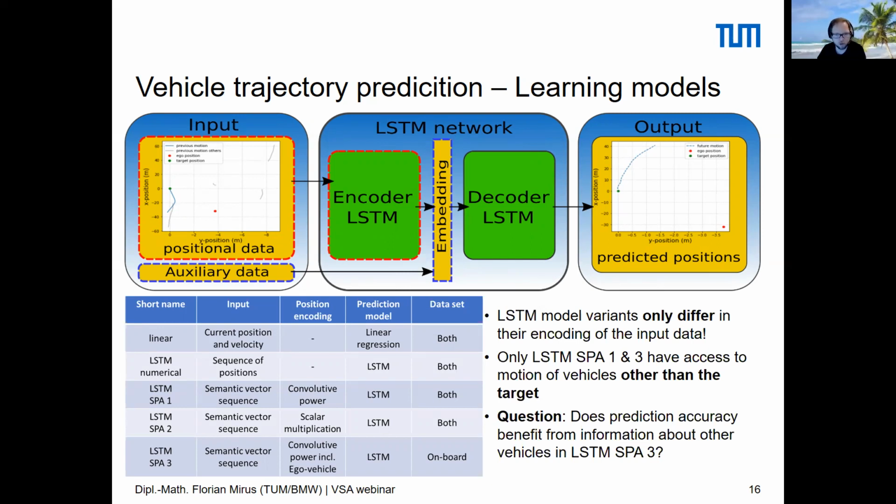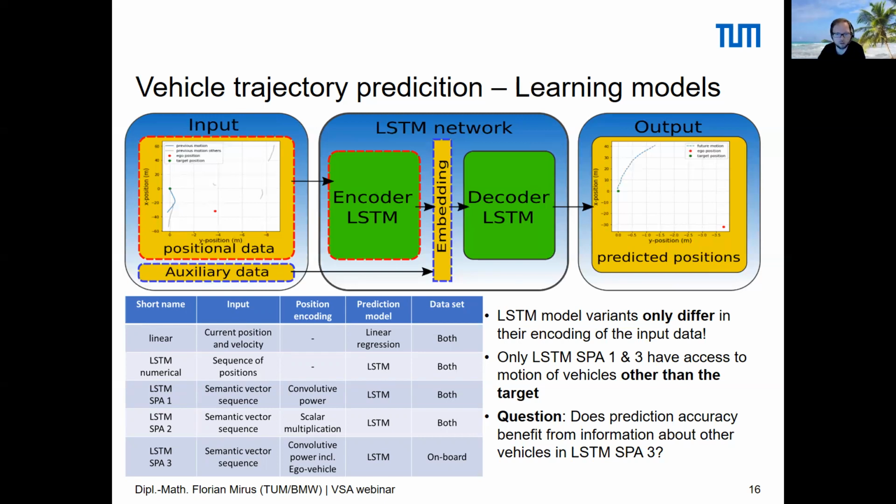And to answer the question if the prediction accuracy of the model benefits from the information about other vehicles, I'm looking at several learning models, but they only differ in their encoding of the input data, and only the input encoding using the convolutive power has access to the motion of vehicles other than the target.